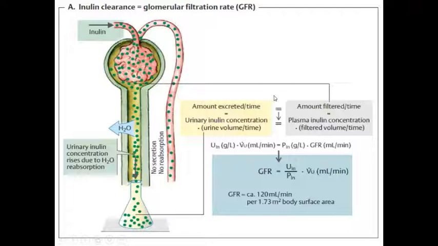That's why we have this equation to say the amount excreted per given time is equal to the amount filtered per given time, because there is no reabsorption and no secretion. You can also say that the amount excreted per unit time is equal to the urinary inulin concentration multiplied by the urine volume collected over the unit time.